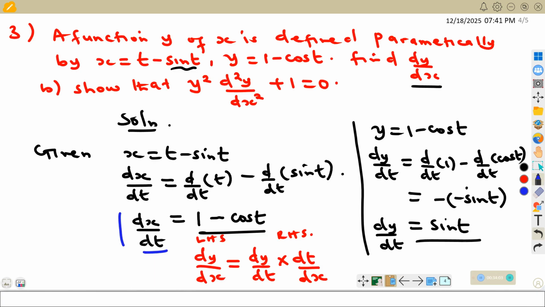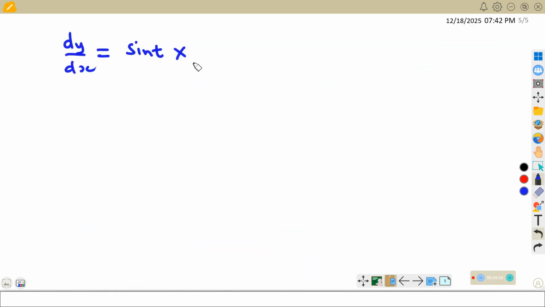Is that one okay? So dt/dx is same as 1 over dx/dt. So we shall put there 1 over 1 minus cos of t. In other words, we shall have sine of t divided by 1 minus cos of t. This will be our dy/dx.